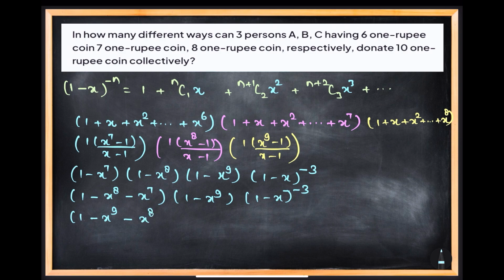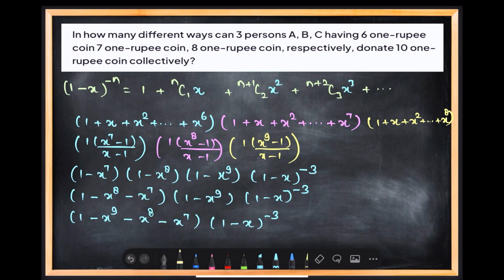Now minus into minus will become plus, but multiplying x power 8 with x power 9 gives 17, so remove it. Minus x power 7 with minus x power 9 gives x power 16, so you can ignore that. Now we have to multiply by (1 minus x) to the power minus 3. Now we are good to go with the required answer. Simplification is done.